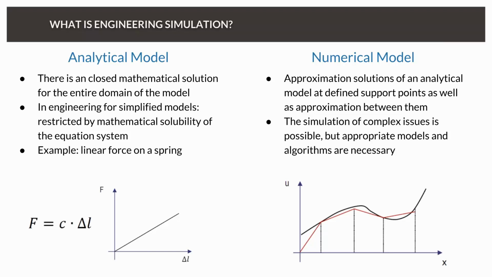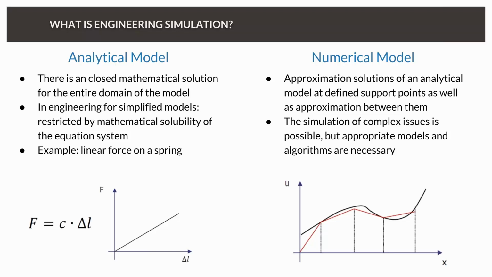An example here is a linear force on a spring, where we have the known relation which says that F, the force acting on the spring, is proportional to the displacement of the spring, and the proportional factor is the stiffness of the spring.